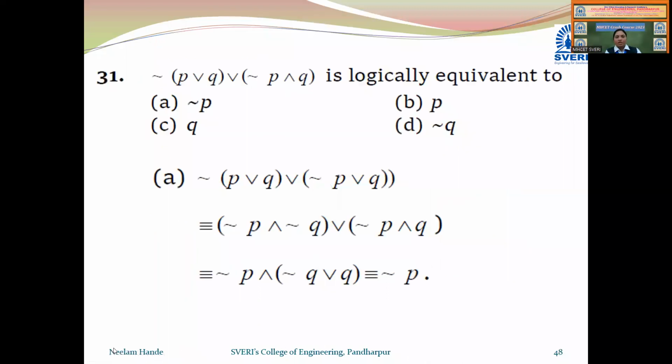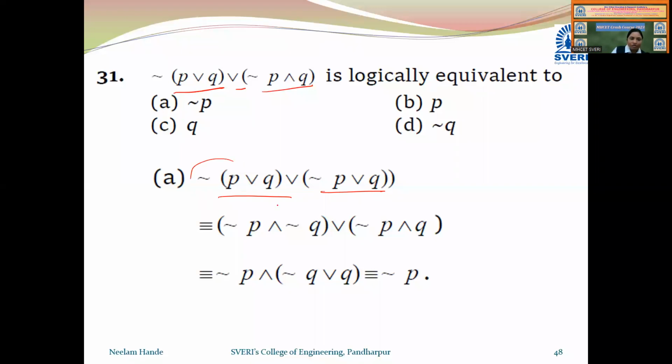Next: which is logically equivalent to negation P or Q, or negation P and Q. So let's take the negation of the first term or the second term.